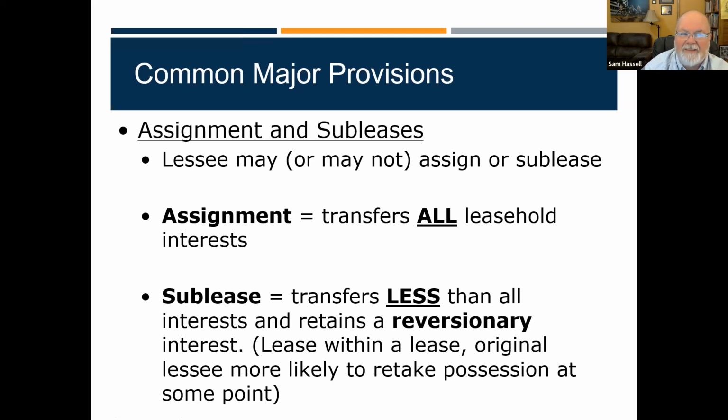The first thing is an assignment of a lease. This is going to transfer all of their leasehold interest. You're going to move out. Let's say I got a 5-year lease. After 2 years, my job's leaving and I have to go.